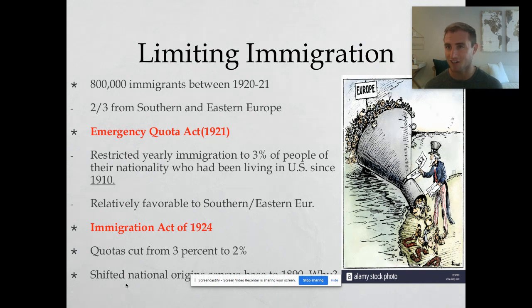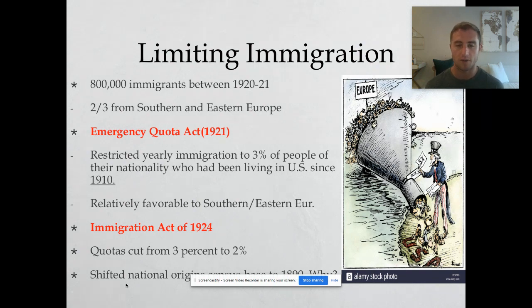Finally, Congress is going to come in and regulate this flow of immigrants. They passed this Emergency Quota Act, which restricts yearly immigration to 3% of people of their respective nationality who've been living in the United States since 1910. Lot to cover here.